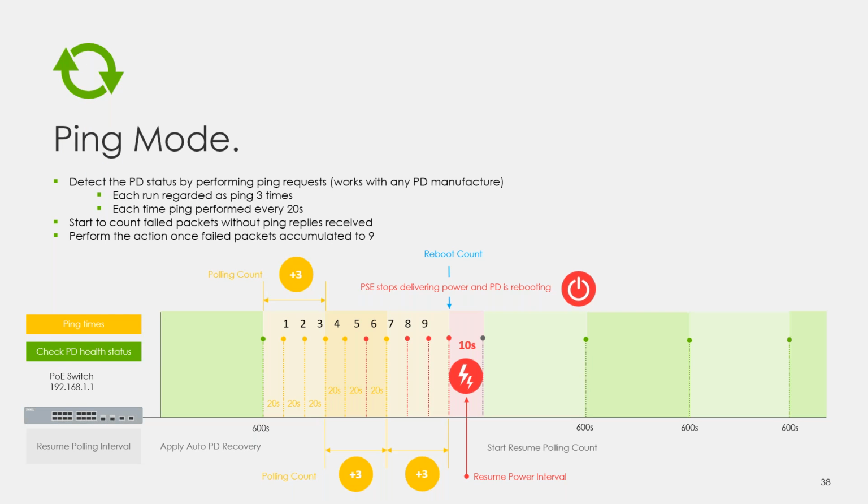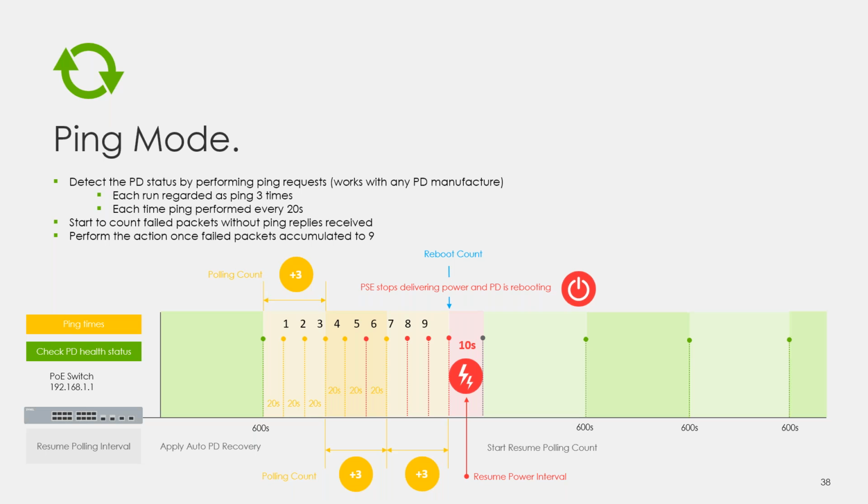Ping mode is fairly similar. The difference is the way it investigates if the device is alive or not. So basically the switch is pinging the device in intervals of 20 seconds, and this is adjustable as well.